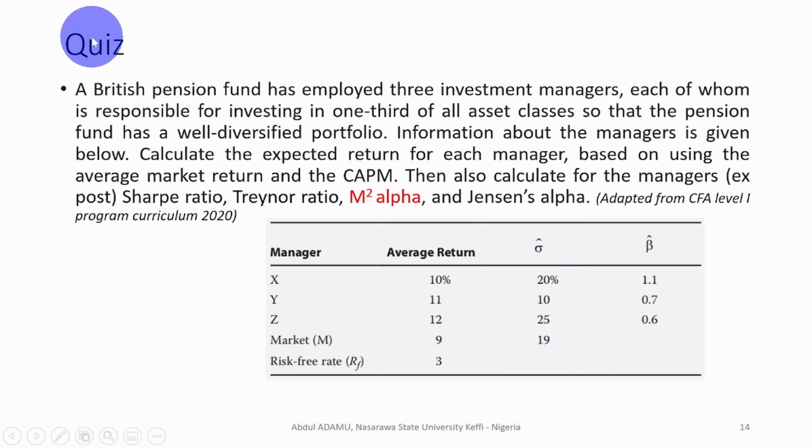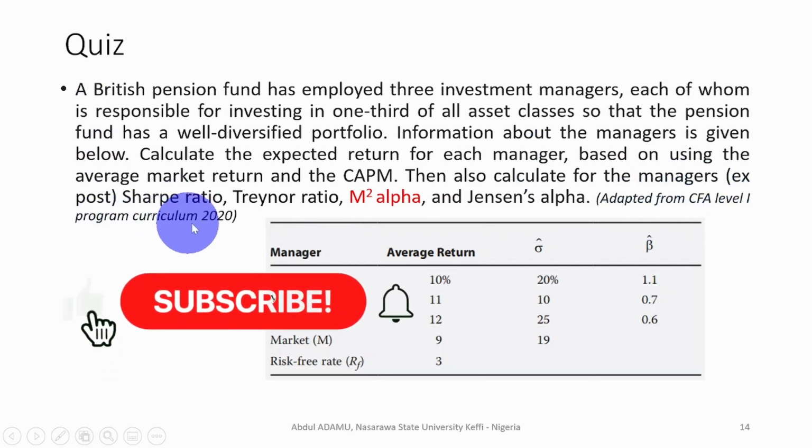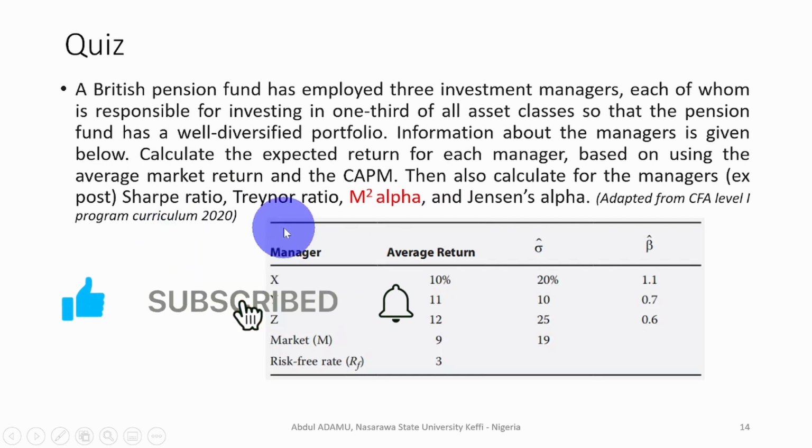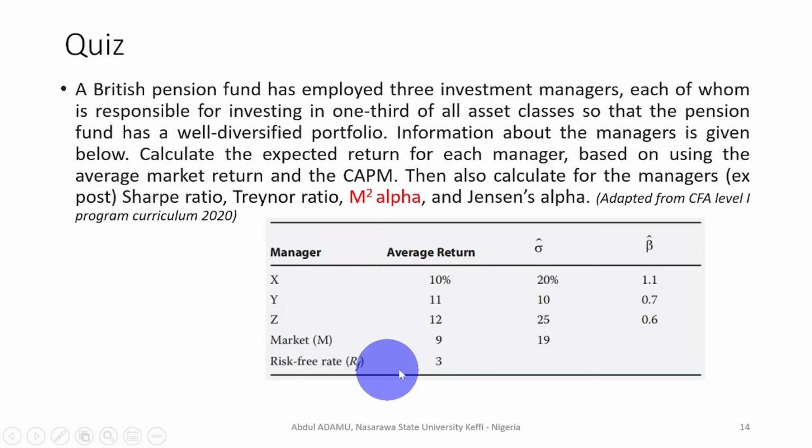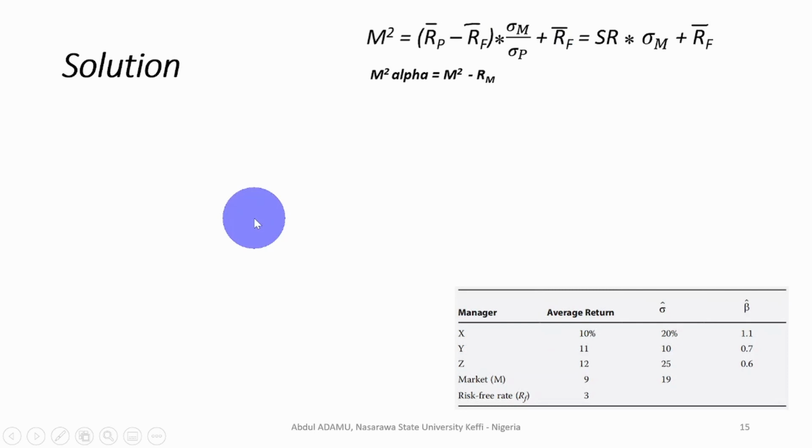So let's take an example and compute our MSquare Alpha. We take our example from a question we adapted from the CFA Level 1 program curriculum of 2020. This is the table showing the average return, the standard deviation of various portfolios and their beta. We want to calculate the MSquare Alpha.